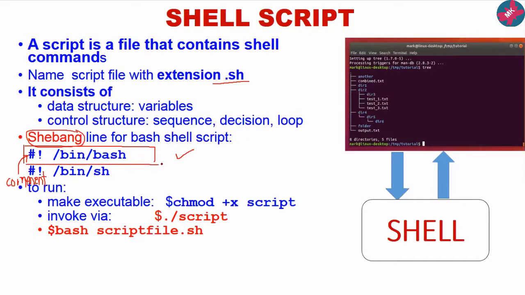There are two ways to run this script file. First, you have to check whether the given file is executable or not. If it is not executable, then we make it executable by using the chmod command. Then at the prompt, you type ./ and the script file name.